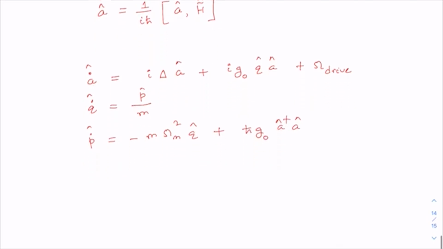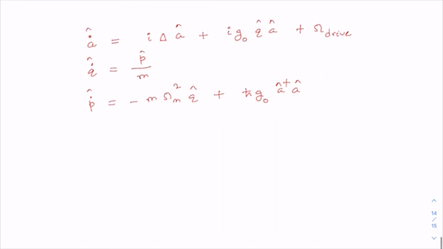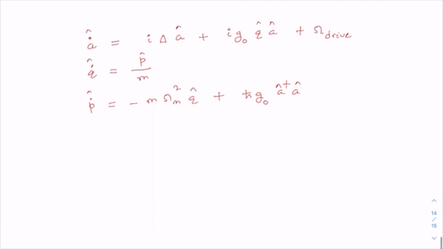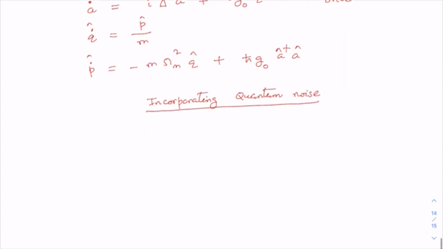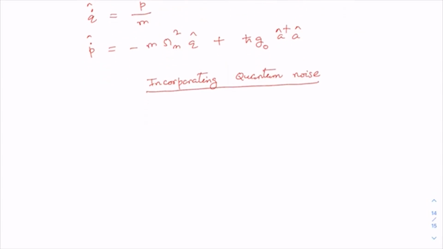Now, based on our discussion on quantum Langevin noise in previous lectures, we can write down the following quantum Langevin equations for cavity optomechanics. Now we have to take into account the quantum noise. So incorporating quantum noise, we can write down these Heisenberg equations as follows.